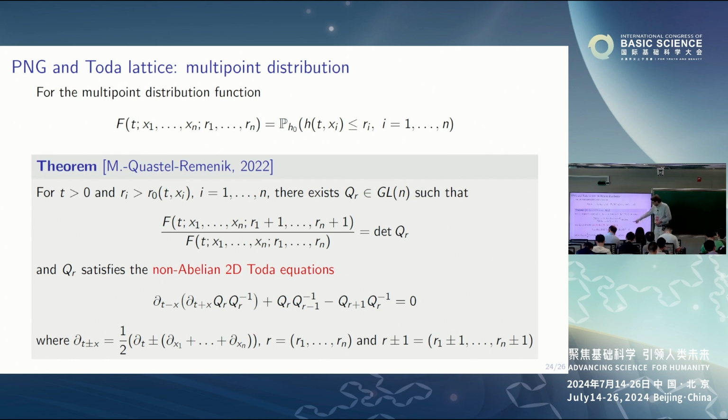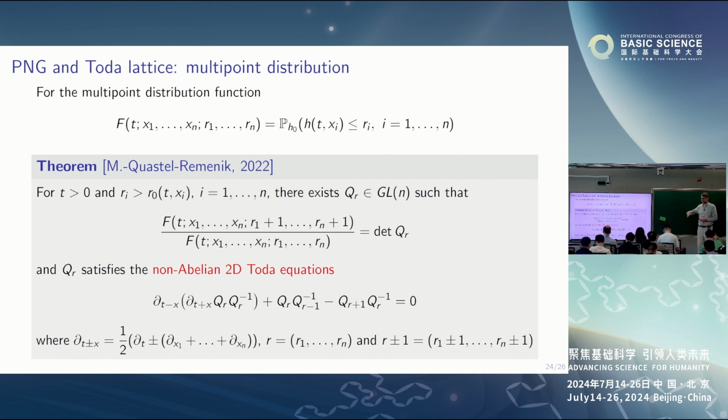And this n by n matrix Q satisfies, again, some quite nice equation. So it is a solution to this partial differential equation. So this equation is again something known. It's called the non-abelian 2D Toda equation.